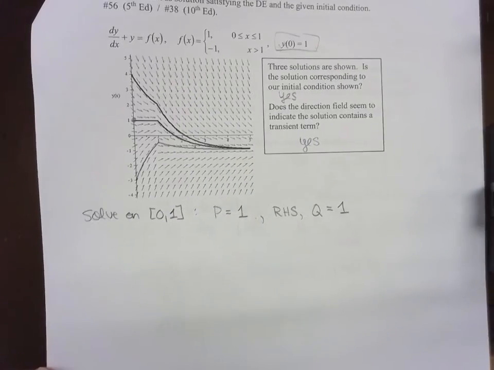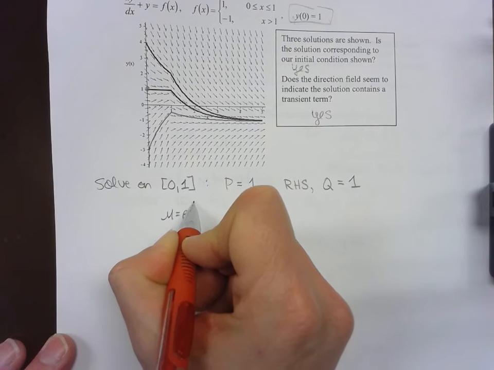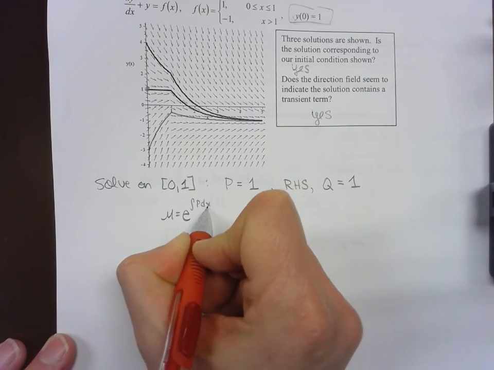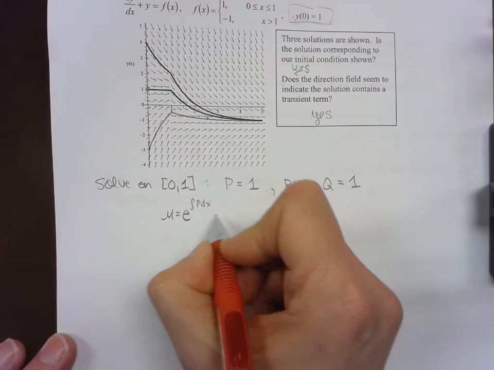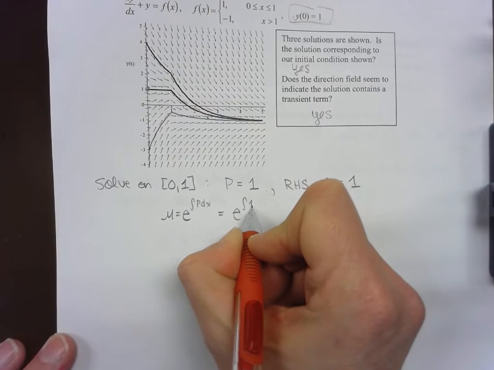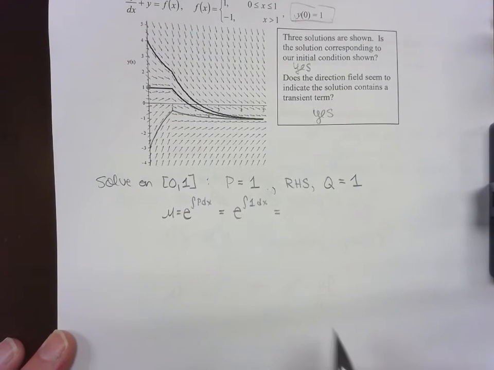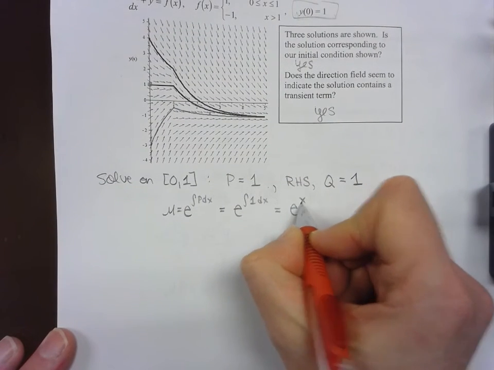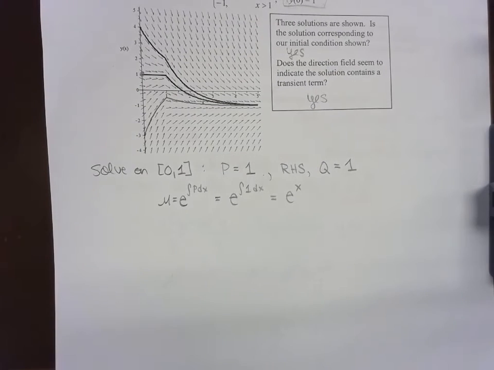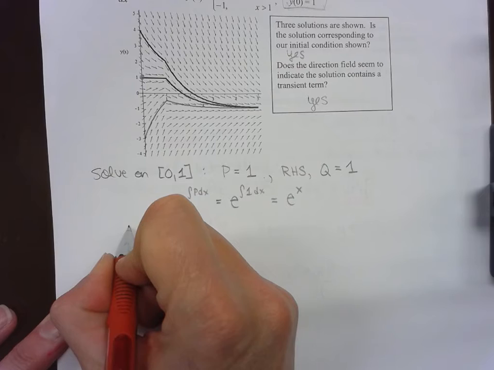So our integrating factor is mu equals e to the antiderivative of p dx. But p is just 1, so we'd have e to the antiderivative of 1 dx, and the antiderivative of 1 is just x. So we get e to the x. I'm going to multiply by e to the x.